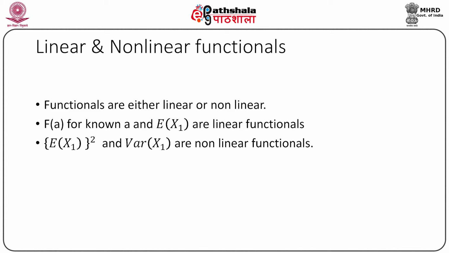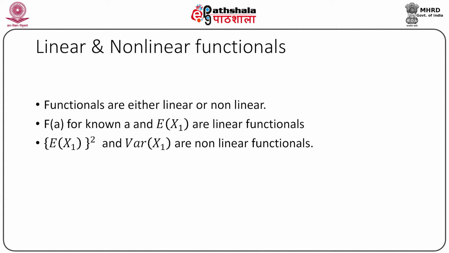So if alpha is a positive quantity lying between 0 and 1, then for such an alpha, alpha F1 plus (1 minus alpha) F2 is also a distribution function. Suppose we calculate the functionals theta(F1) and theta(F2), and the functional based on the combination distribution function alpha F1 plus (1 minus alpha) F2.